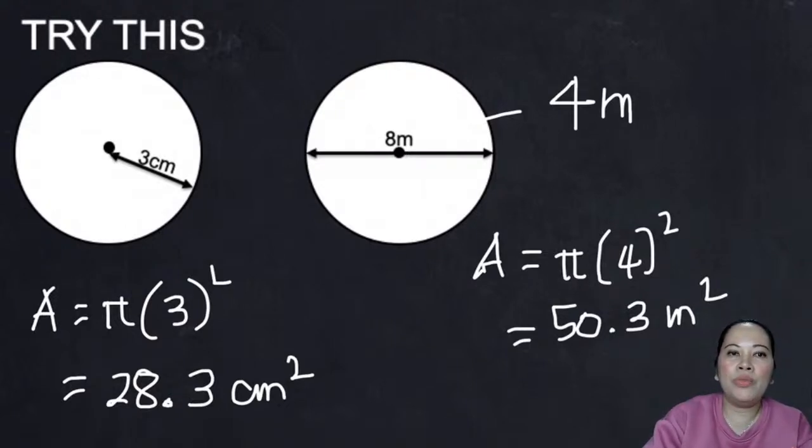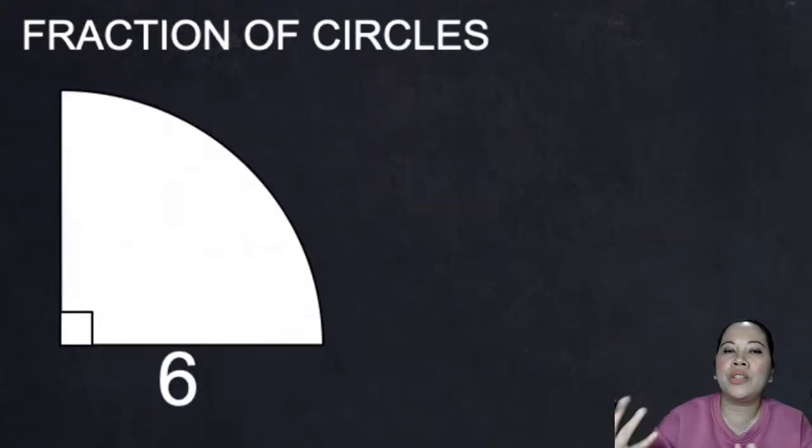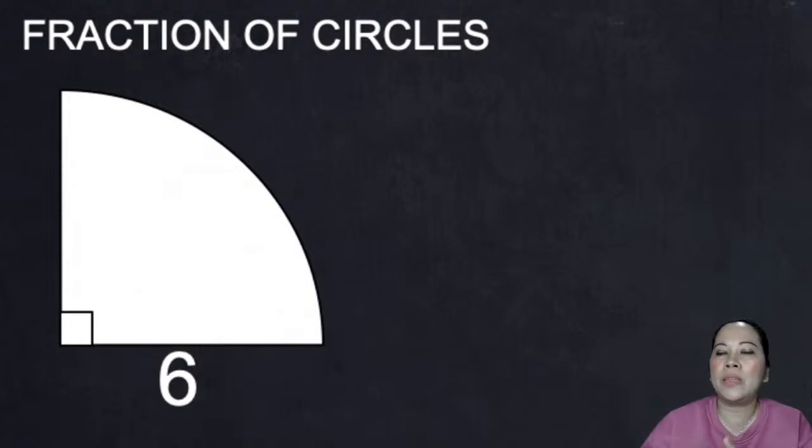All right, so moving on, fractions. When we talk about a fraction of a circle, in this part of our topic tonight, we will be dealing with simple fractions only. We will not go to things like 30 degrees, 20 degrees, or 16 degrees as a portion. By the way, a fraction of your circle is what we call a sector.